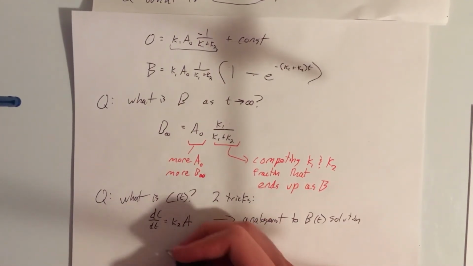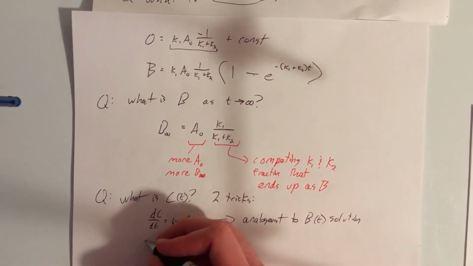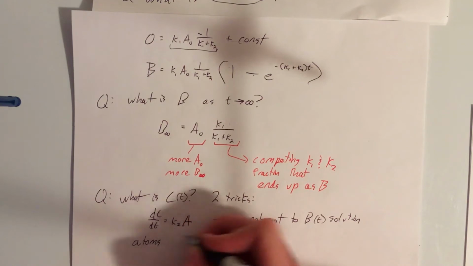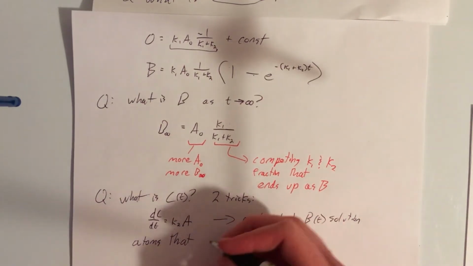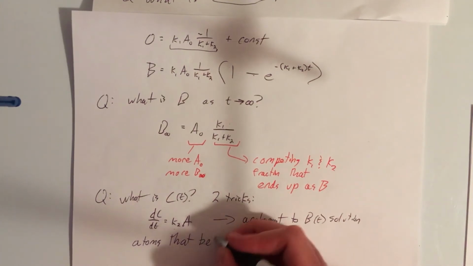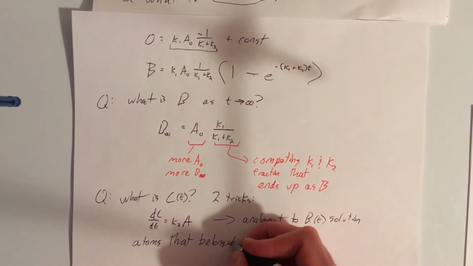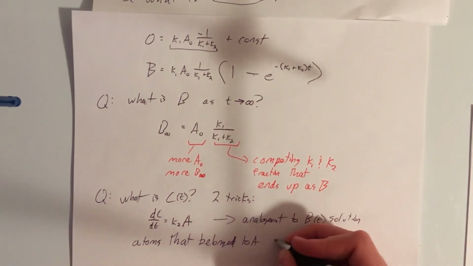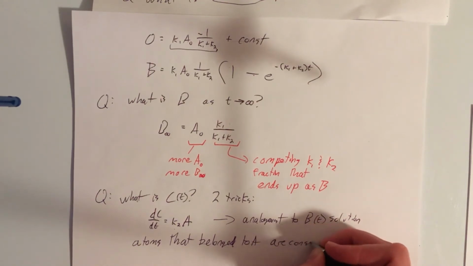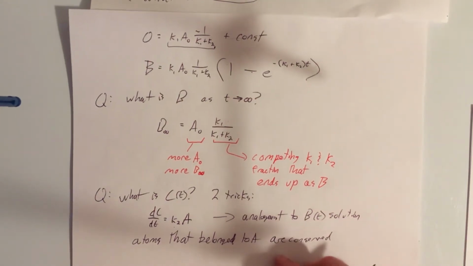What's the other strategy? Well, the other strategy is that we know the atoms that belonged to A are conserved. So what does that mean?